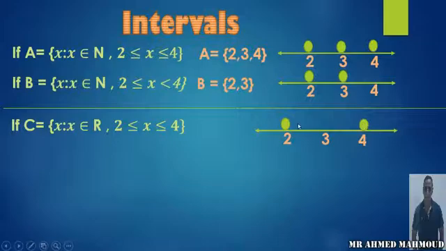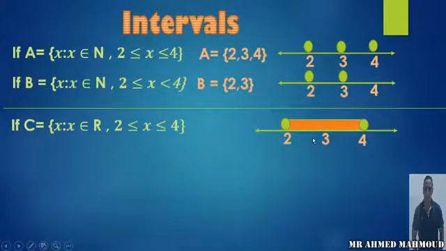Okay, and then I'm going to connect between them because all these numbers are real numbers. Then I have to shade the space between 2 and 4, but with natural numbers I can't shade this, because natural numbers have no decimal points.